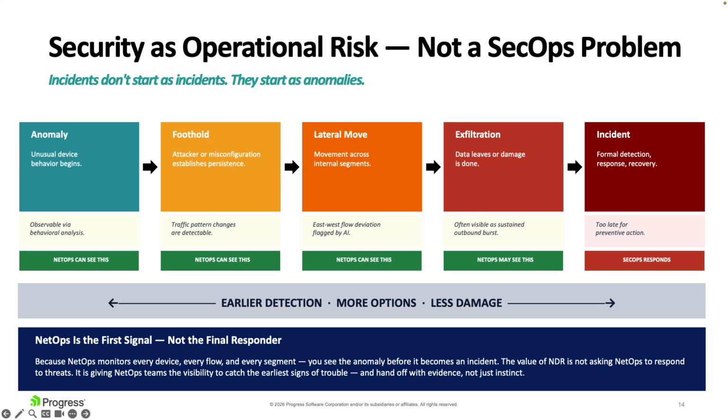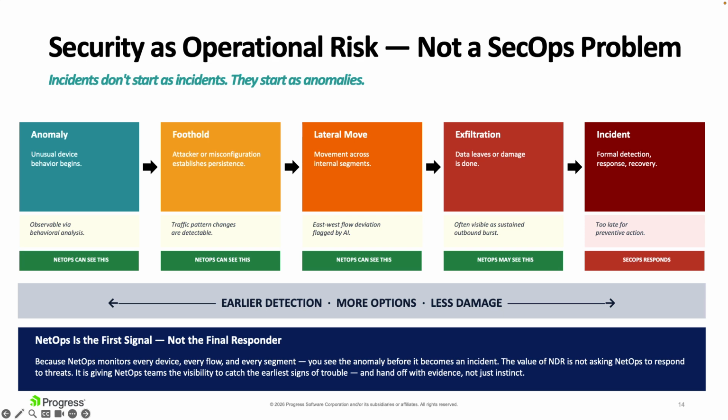Again, it's all visible from the network. And then it grows into an incident at the end, when encryption has already happened or the data has been stolen. That's when security teams might be able to respond, and that's when it's usually too late. So the network is the first signal, not the final responder.